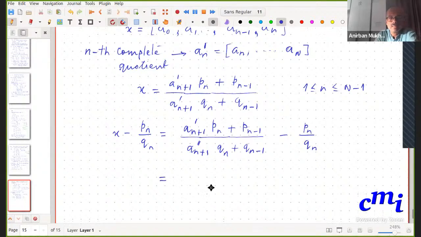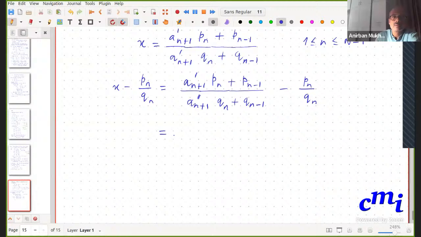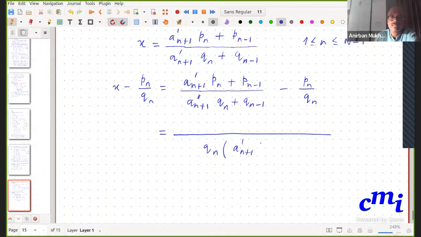So we multiply, so Qn into the first one, An plus 1 dash Qn plus Qn minus 1, and if I multiply this by Qn and this by Pn, then the first entry gets cancelled.